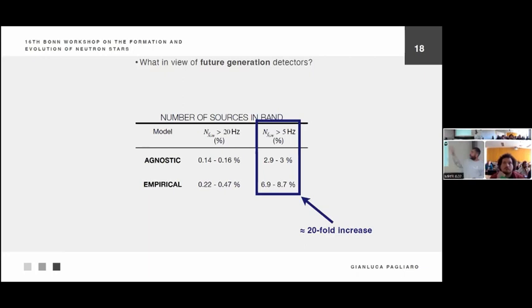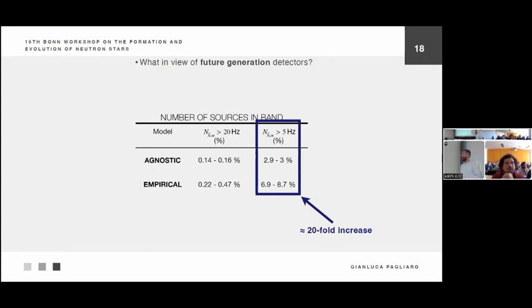So in the future of third generation detectors, we also see that basically only pushing down the lower frequency value from 20 hertz to 5 hertz, the increase in number of objects in band is 20-fold.